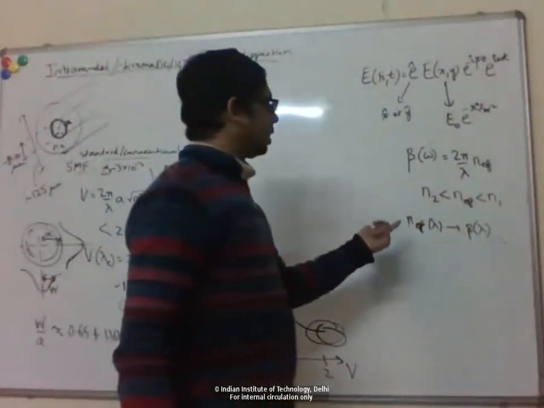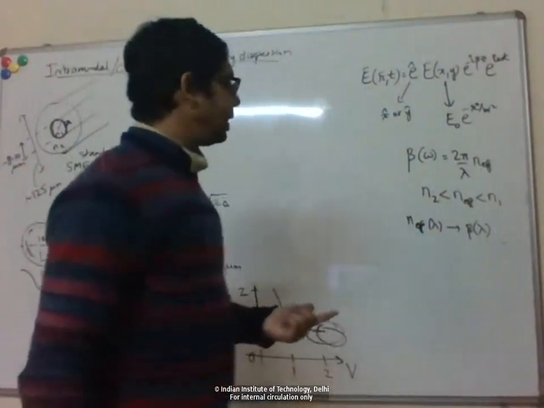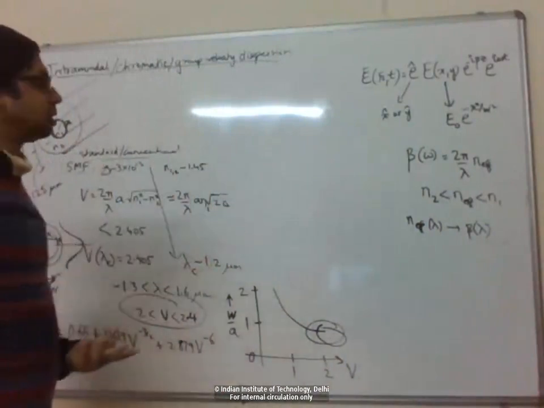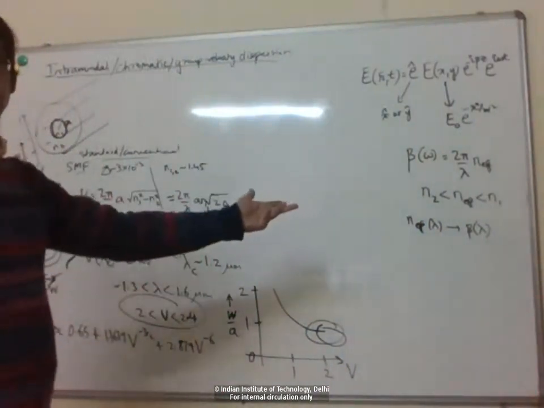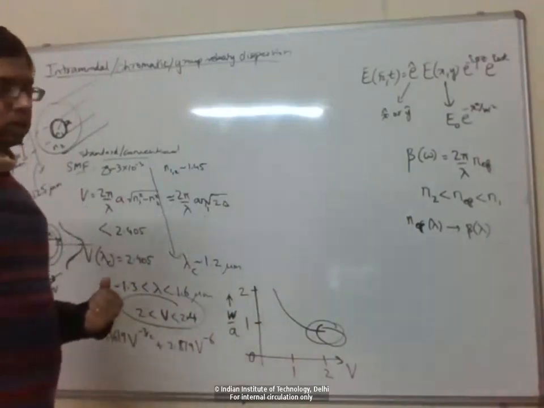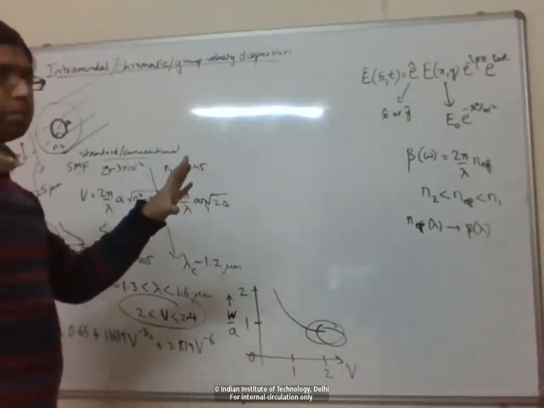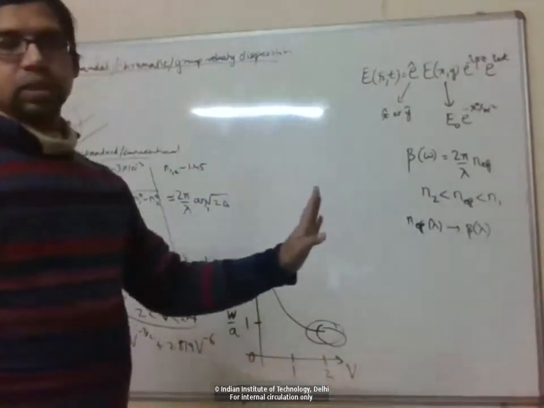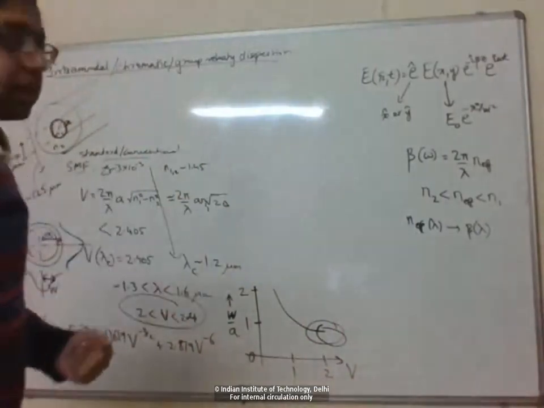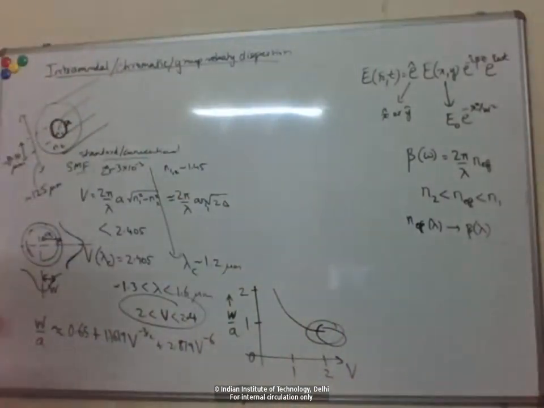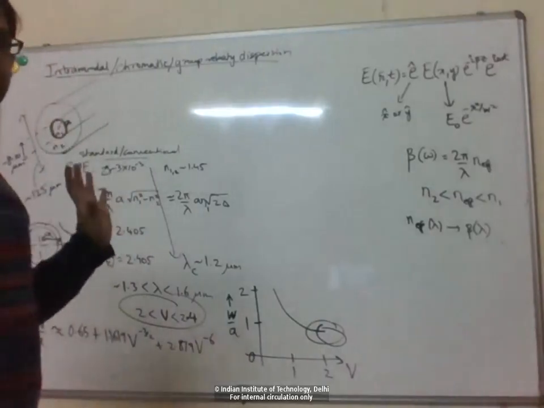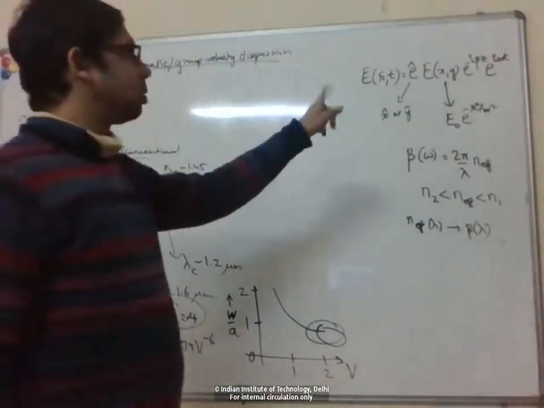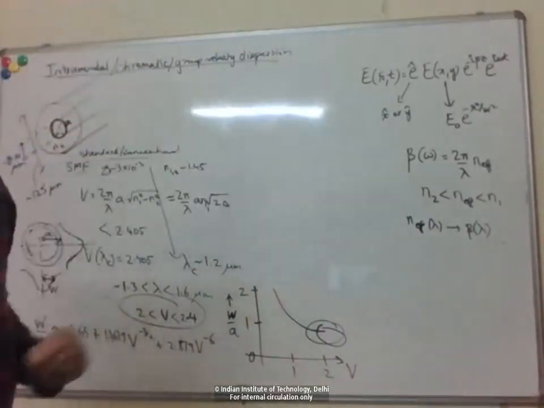Which means that if my signal going through the fiber has different frequency components, all of them are traveling at different speeds. At the input I launch all of them together, but by the time they reach the receiver, they arrive at different points in time, which leads to broadening. In the intermodal case, it was different spatial modes arriving at different times. Here, different frequency components within the same spatial mode are arriving at different times.